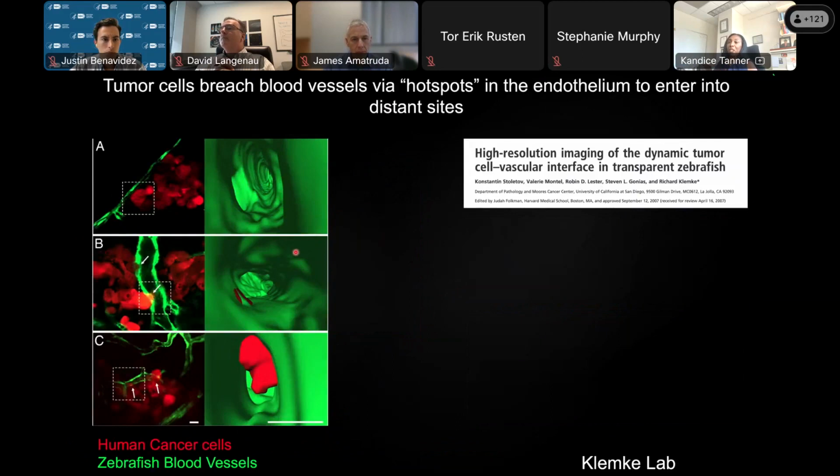Clancy's group showed phenomenally that once you introduce human cancer cells, they show this preferential colonization through these endothelial hotspots, indicating that not only are the tumor cells an important target, but also what types of endothelial interfaces, and could we use that for therapeutic interventions?